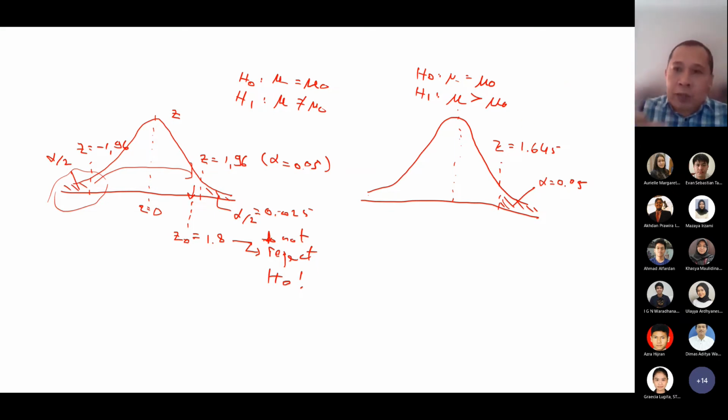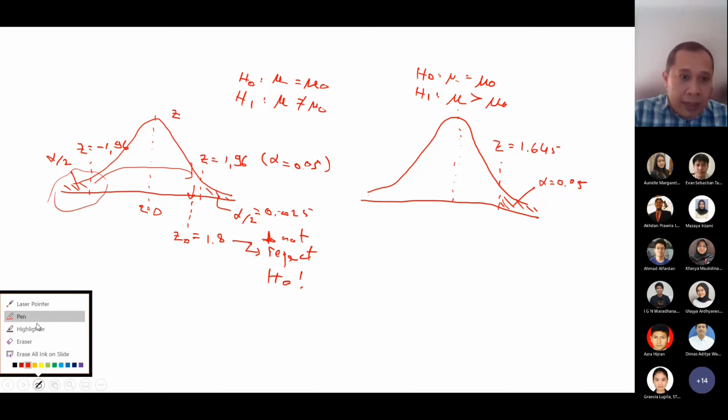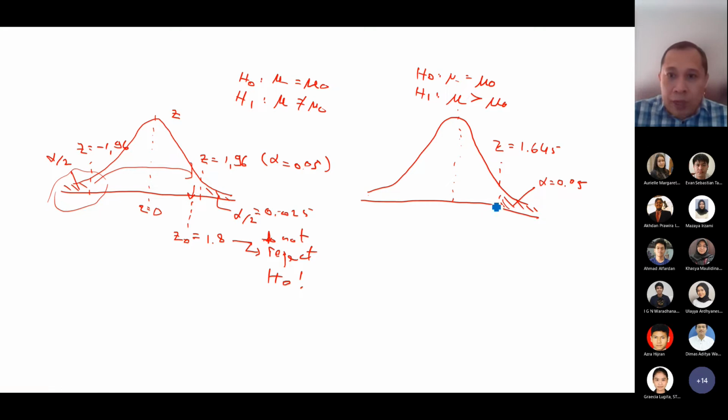But in this case, because we don't change the data, the Z0 is still sitting at 1.8. I'm just drawing a number here, guys. So we assume that we don't change the experiment.